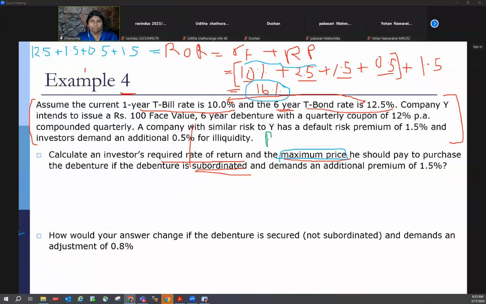Remember the equation? Okay. Calculate the price.